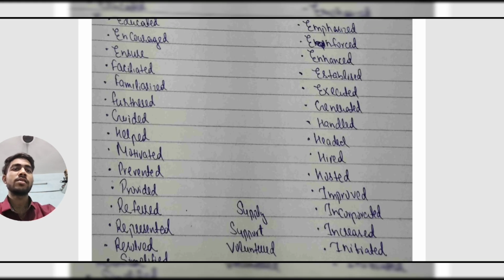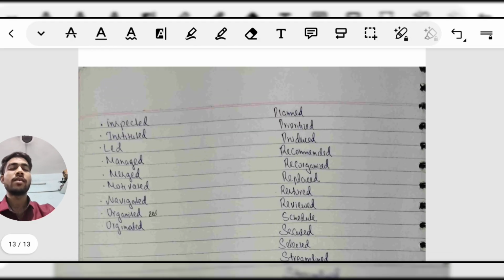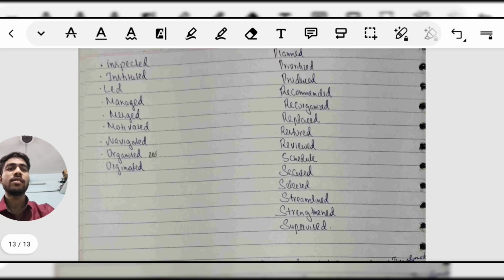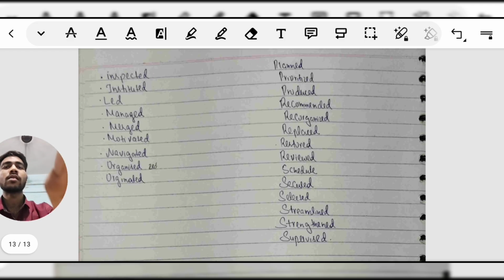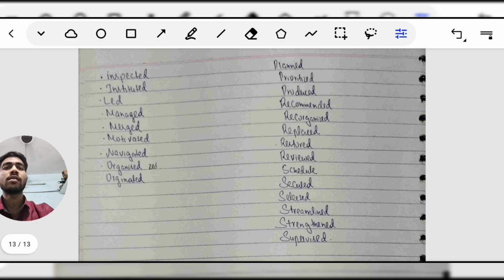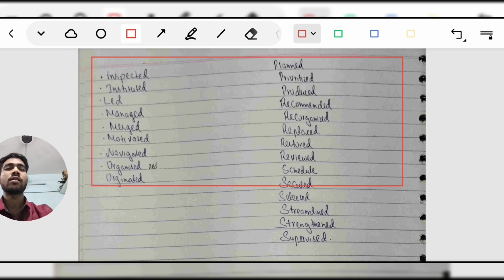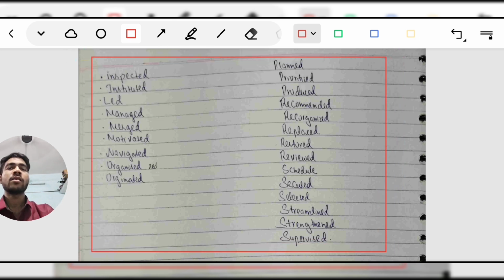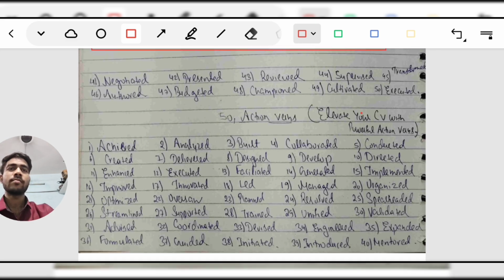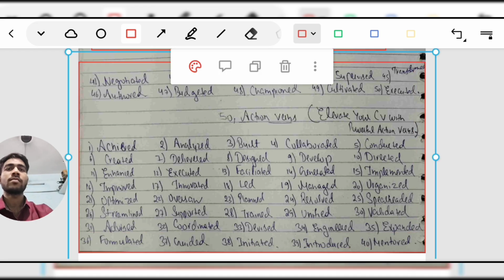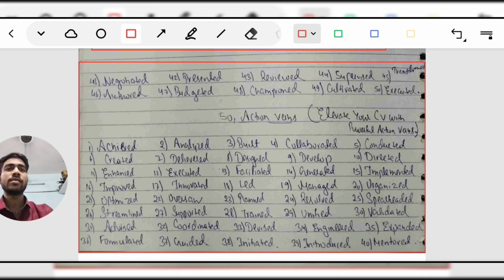So these keywords help you find things easily, and that's the last. You have to keep this screenshot.